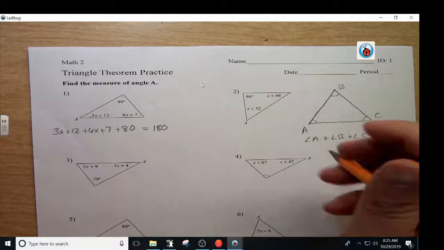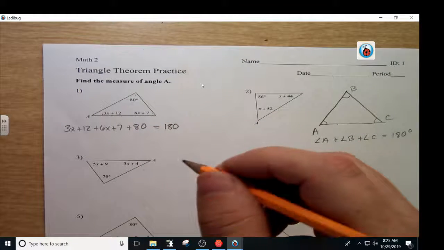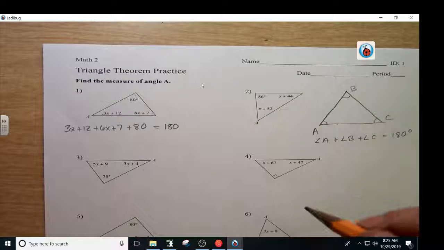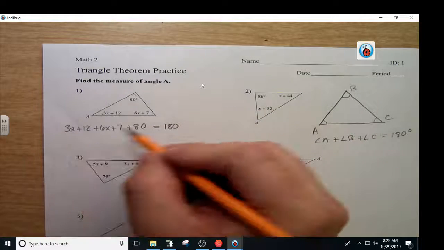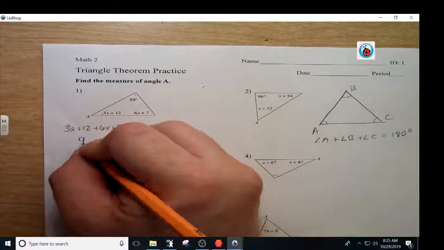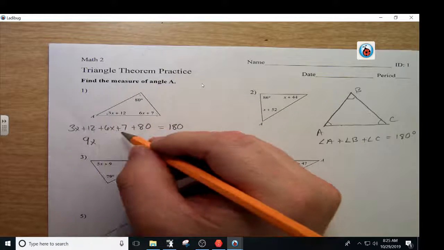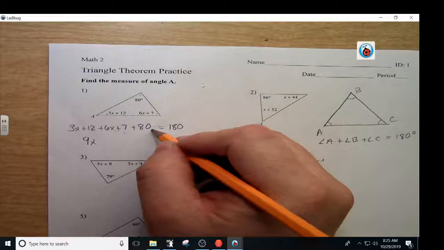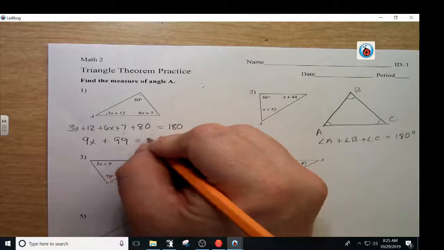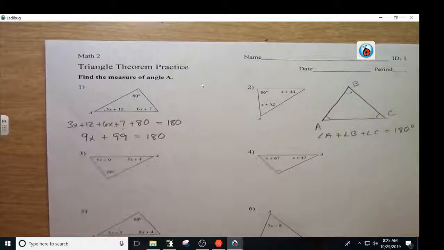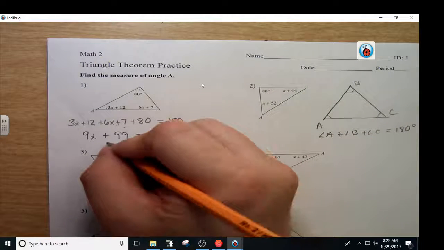Now, you're basically going to combine your like terms here. 3x plus 6x is 9x. 12 plus 7 is 19, plus 80 is 99. Now, I'm going to subtract 99.